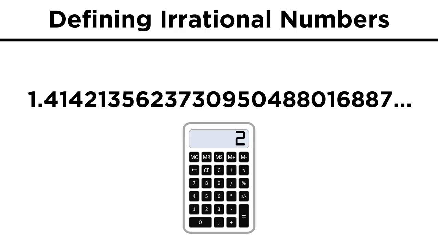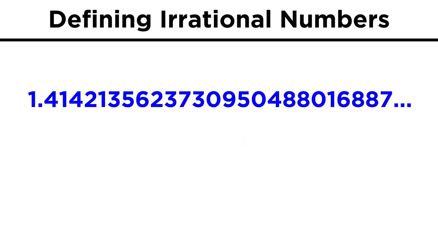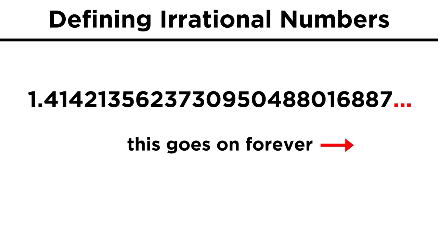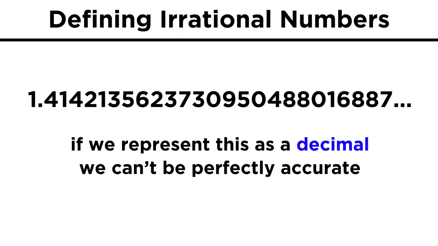If we plug this into a calculator, it will tell us that the answer is 1.4142, etc., etc., but no matter how many digits your calculator displays, it's not giving you the full story. This number extends forever, which means we can never list the square root of 2 as a decimal and be infinitely accurate, the way we can with 3/2.